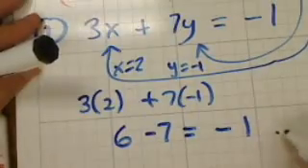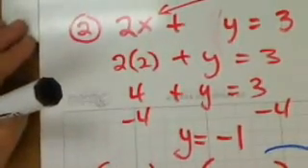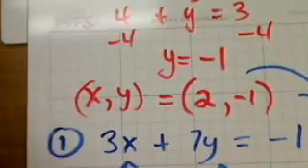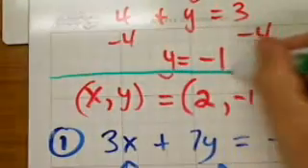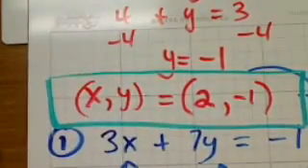So I see that this satisfies equation number 1, and we saw it satisfies equation number 2. So I can go back to my claim. This is my solution. I draw a nice big box around it because I'm very confident that that's the answer.